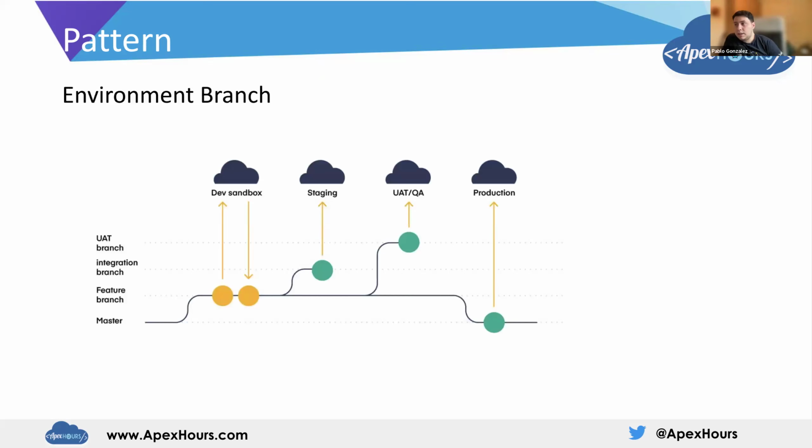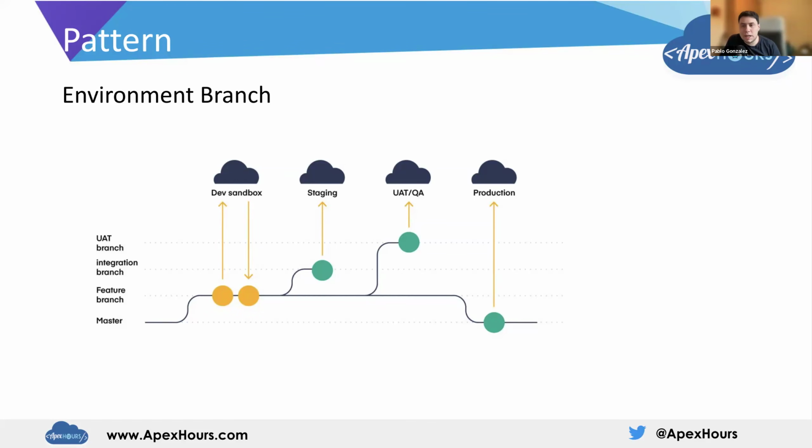The other pattern is the environment branch. Now, this is very common in the Salesforce ecosystem, but very uncommon in traditional software development, mainly because in traditional software development, the concept of environments doesn't really exist. The closest thing to that is it's common for SaaS applications to have a staging environment.